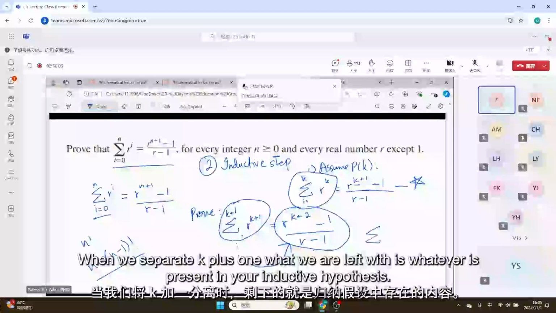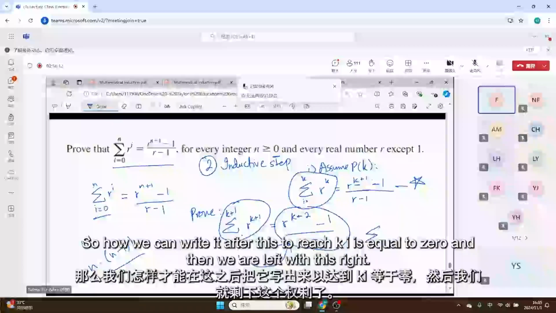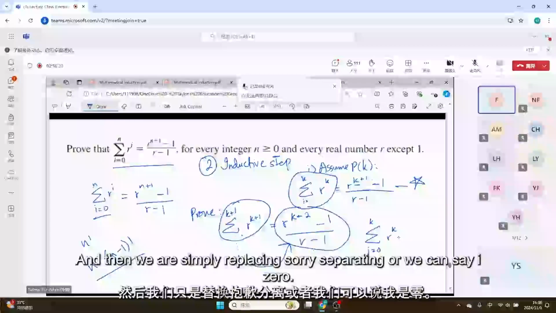When we separate it, what we are left with is whatever is present in your inductive hypothesis, the sum from i equals 0 to k.